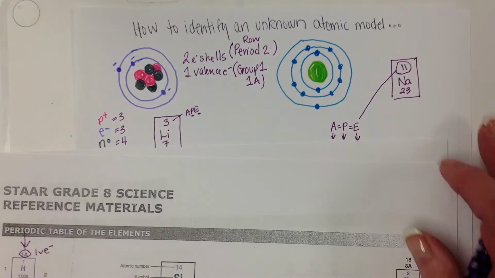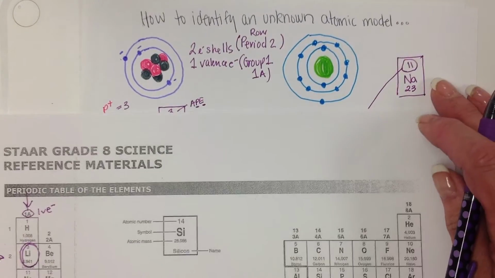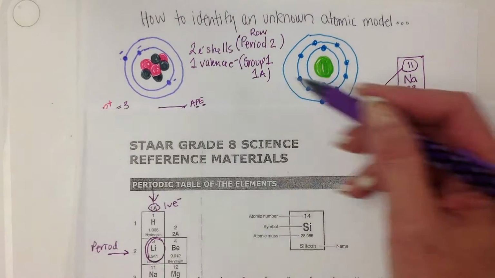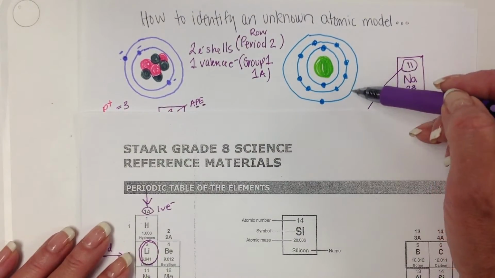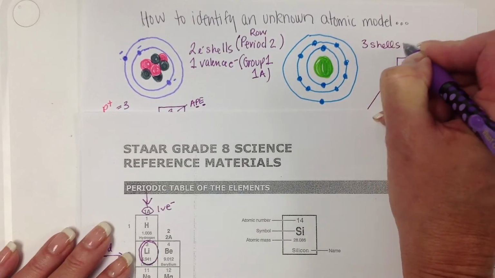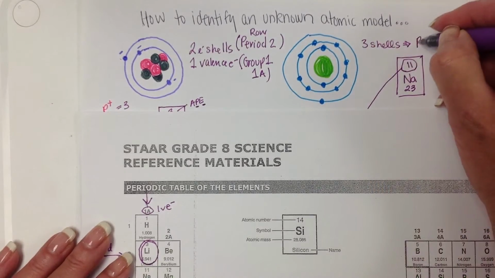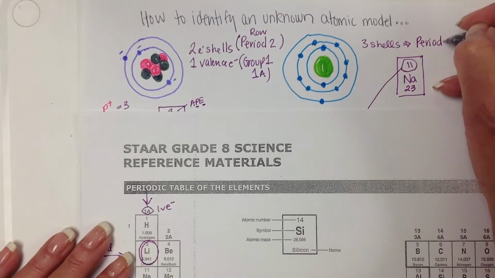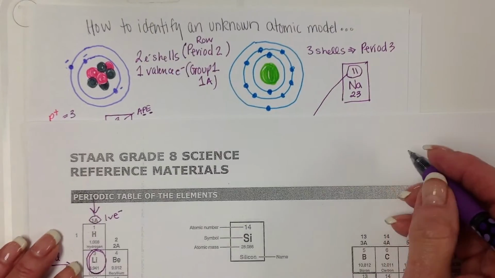Now let's try this one more time. We already know it's sodium, but let's try it this other way. So we have 1, 2, 3 shells, meaning it is in period 3. Alright?